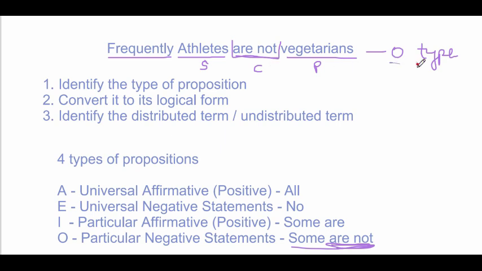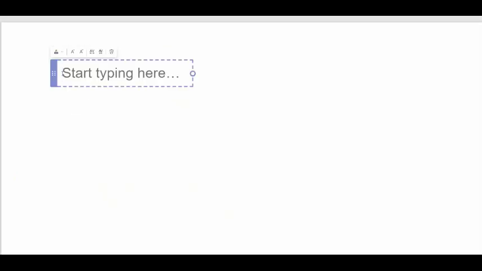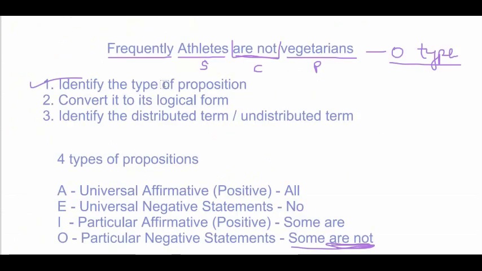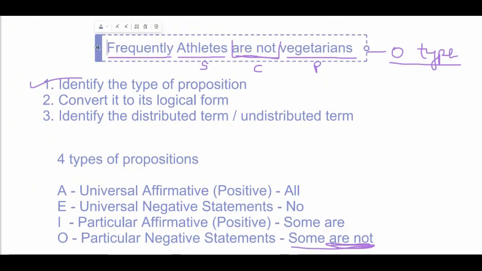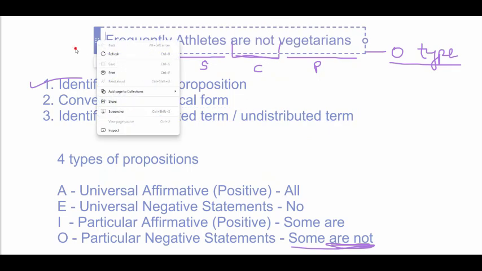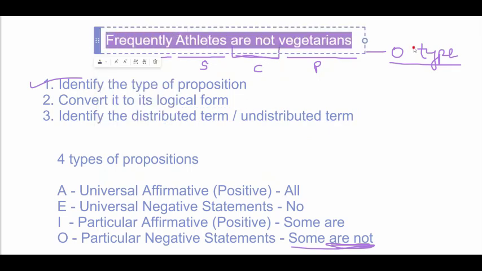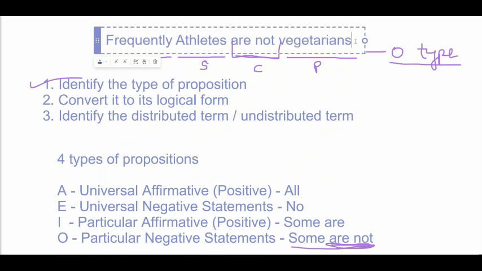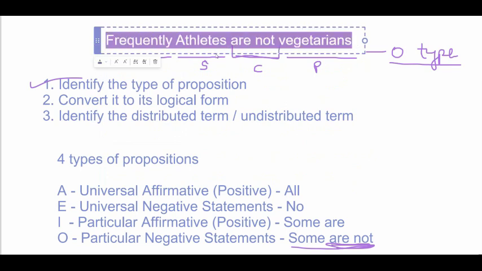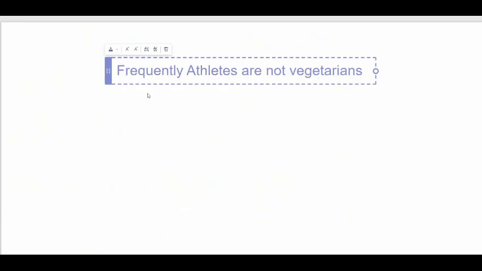Right, so we identified the type of proposition. We write the entire sentence again: Frequently athletes are not vegetarians.